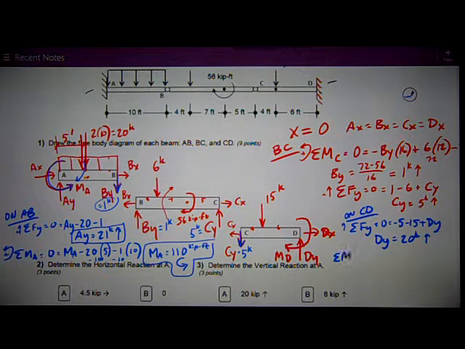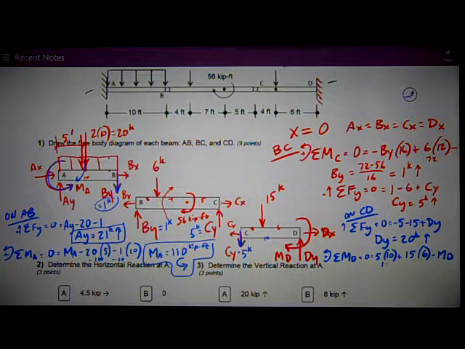Sum of the moments about D on this member also, CD, counterclockwise is positive. I've got 0 is equal to 5 times 10, this total distance 10 feet from C to D. It's positive for clockwise rotation, plus 15 times 6, also trying to rotate counterclockwise, so it's positive, and then minus MD, because that's how I assumed it, clockwise.